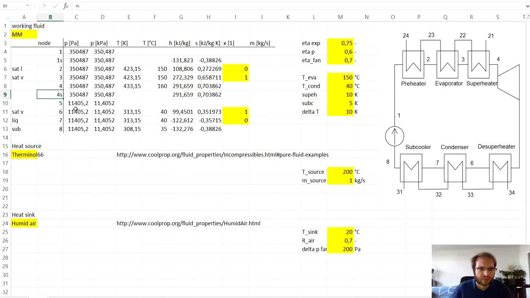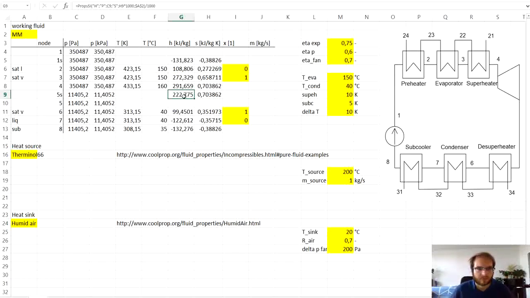And just now maybe I should call this point 5s, and the pressure, of course, after the expander is already the low pressure side of the cycle. So we can see that the enthalpy for the ideal expander will drop from 291 to 222 kilojoules per kilogram.